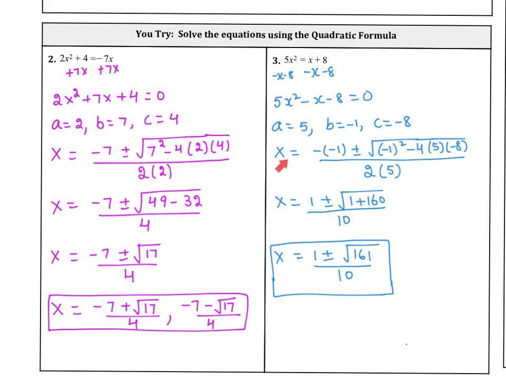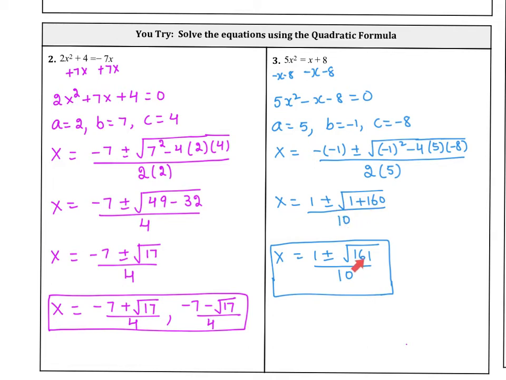You're going to have x equals negative b plus or minus the square root of b squared minus 4 times a times c, divided by 2 times a. So that's going to be 1 plus or minus the square root of 1 plus 4 times 5 times negative 8. This is going to be positive because two negatives make it positive. So that's going to be 1 plus or minus the square root of 161, divided by 10.